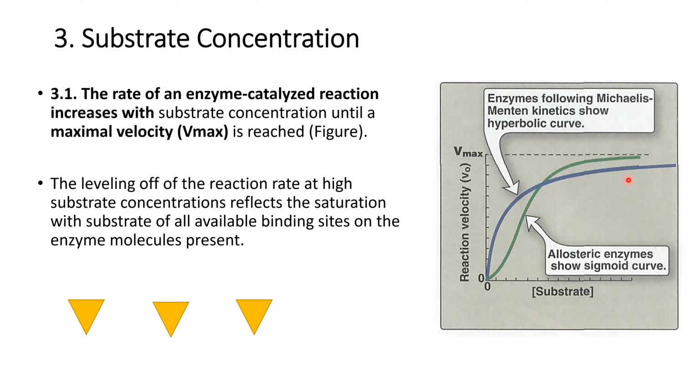For this, you should know the concept that every enzyme has active sites. If we go back, these yellow ones are the substrate. This is not a tangible or physical representation, with three molecules or two molecules; it is just to illustrate.